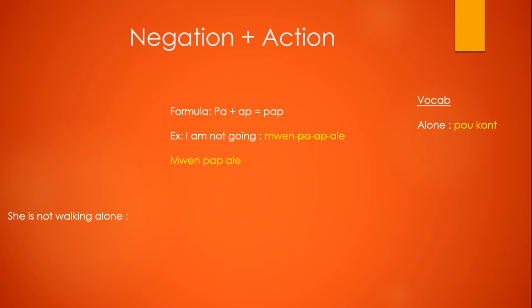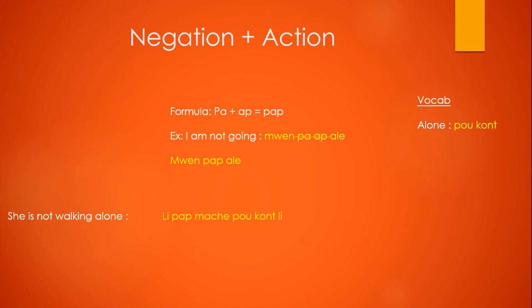So let's break this sentence apart. To say she, we know that is li. She is not walking. To walk is marcher. She is not walking alone would be li pa ap marcher pour compte li.